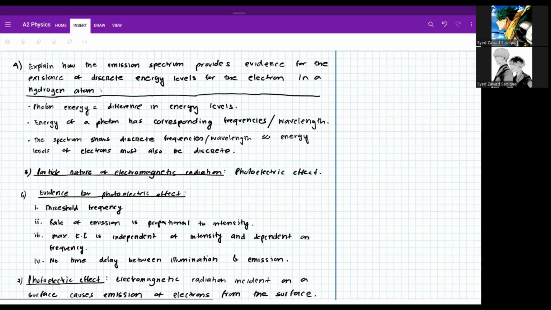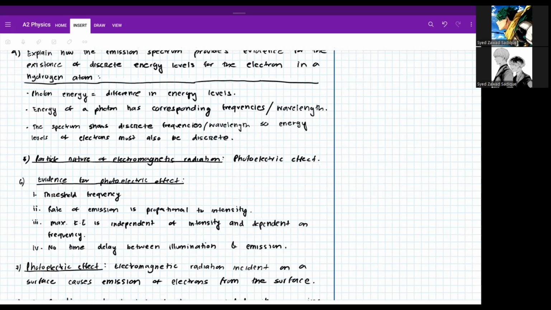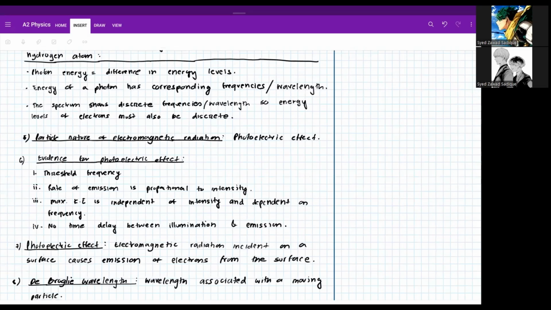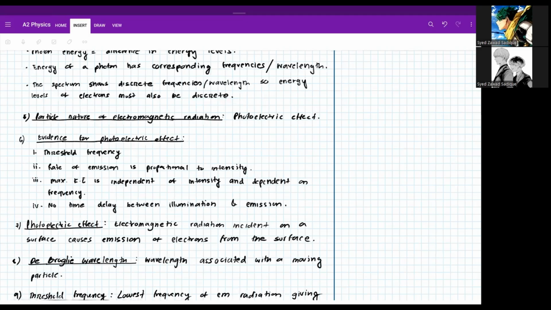Now, the particle nature of electromagnetic radiation is the photoelectric effect. Evidence for the photoelectric effect, written in bullet points, is: threshold frequency; rate of emission is proportional to intensity; maximum kinetic energy is independent of intensity and dependent on frequency; no time delay between illumination and emission.